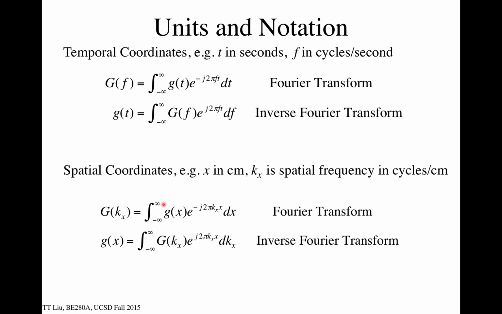I take the Fourier transform of that thing and I get its frequency components, the spectral components of that spatial signal. And these are usually written k sub x if it's in the x direction, and k is called the spatial frequency, which is in cycles per meter or cycles per centimeter. It's a frequency as a function of position, or a rate of oscillation of the intensity as a function of position.